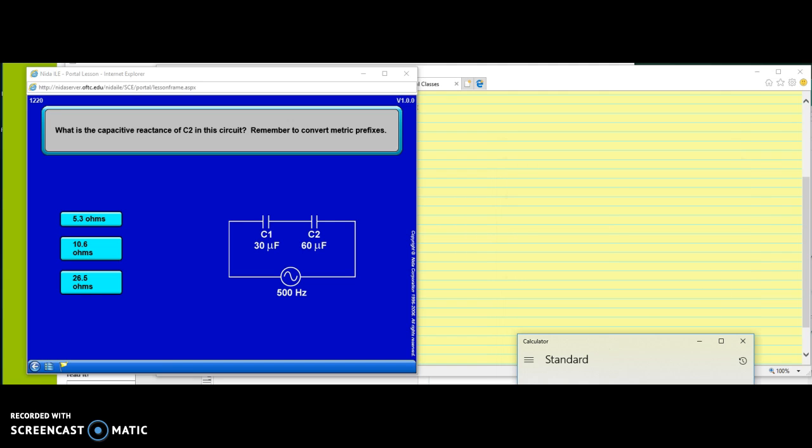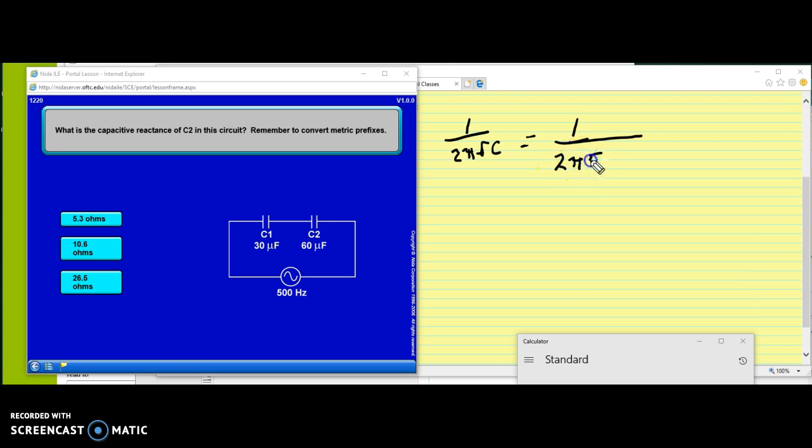And again, let's apply the formula. And these formulas, you need to write them down. And once we get into the more complex stuff, it's simply just a matter of understanding what we're doing and applying the formulas. So 2 pi F C. And again, we're going to have to use that conversion on the capacitance side. But we should know it now because we just did 30, and 60 is going to be the same thing, just with 6 instead of 3.